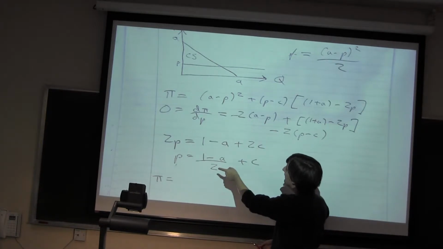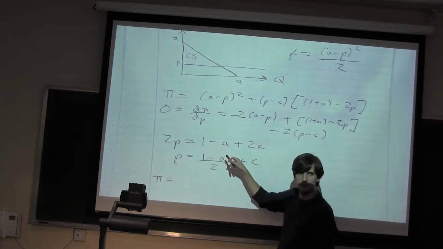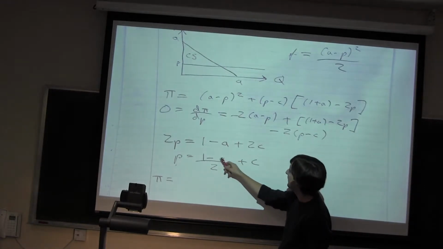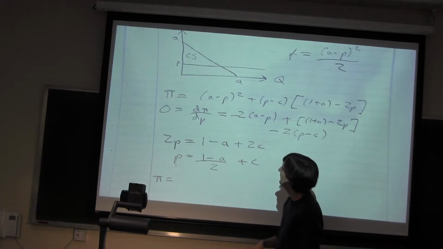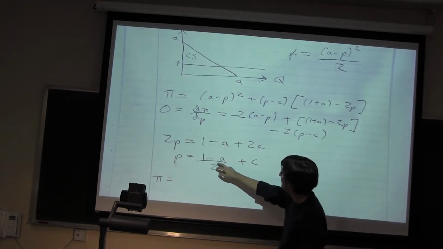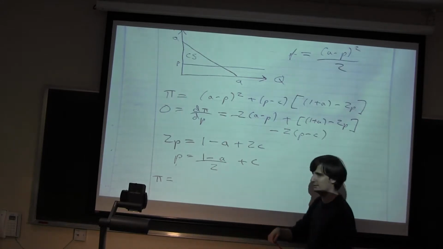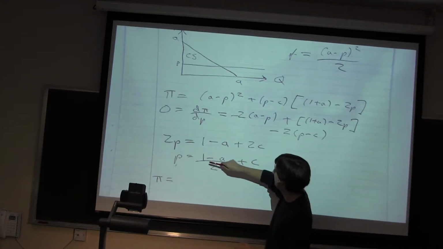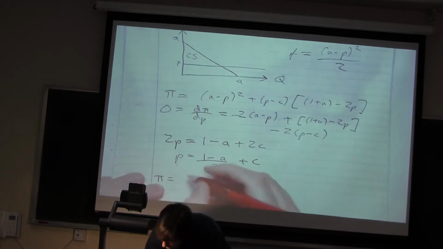So when we do A minus P, we're going to get minus minus. Okay, so it's going to be a plus A over 2. So this is going to give us 3 over 2 A. Does that make sense? So when we're plugging the price into this expression, we're going to get 3 over 2 A.